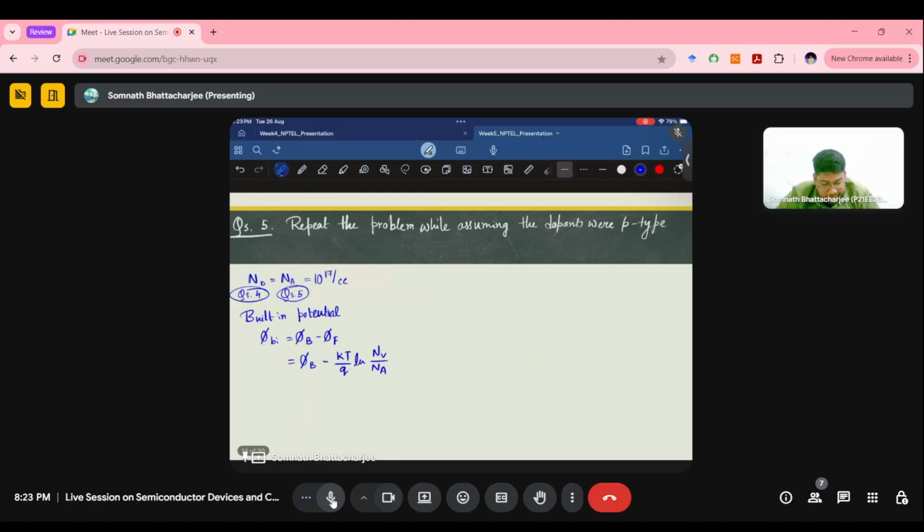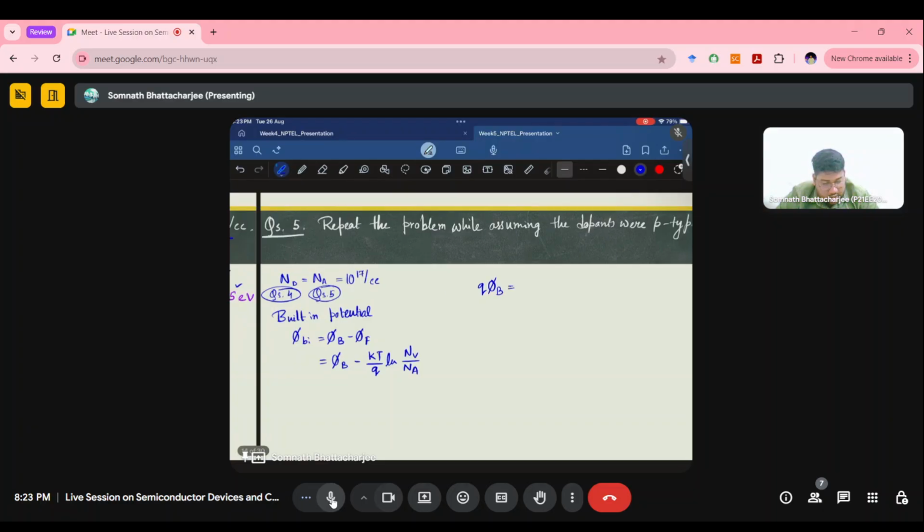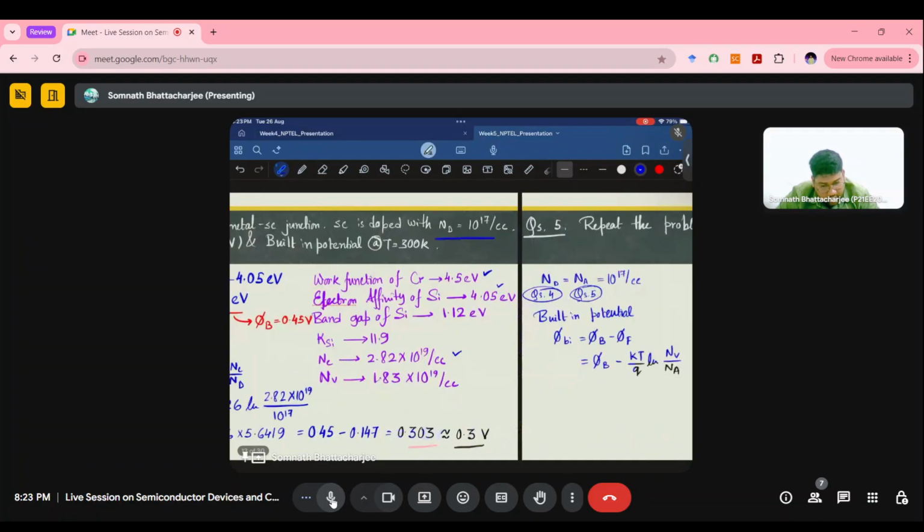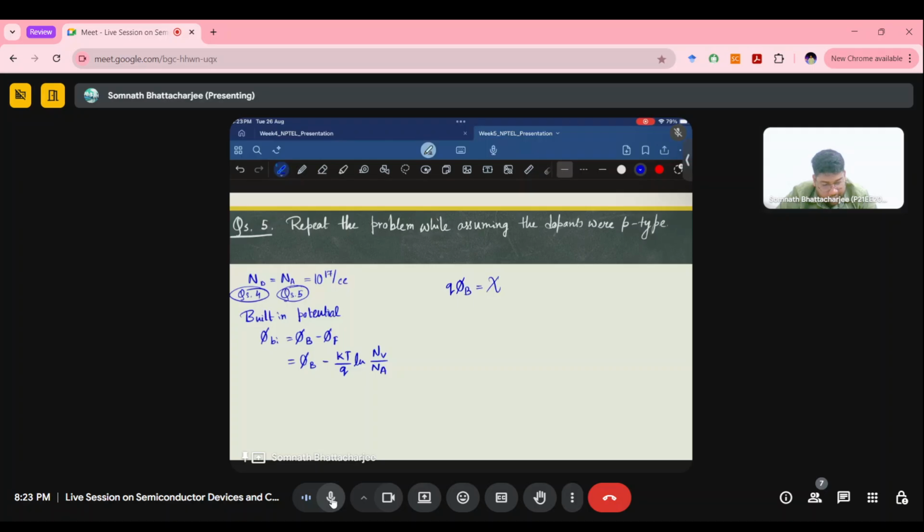Apart from that, the value of QψB is nothing but ψS plus the band gap minus the work function. So it is 4.05 plus 1.12 minus 4.5 in eV, which is 0.67 eV.